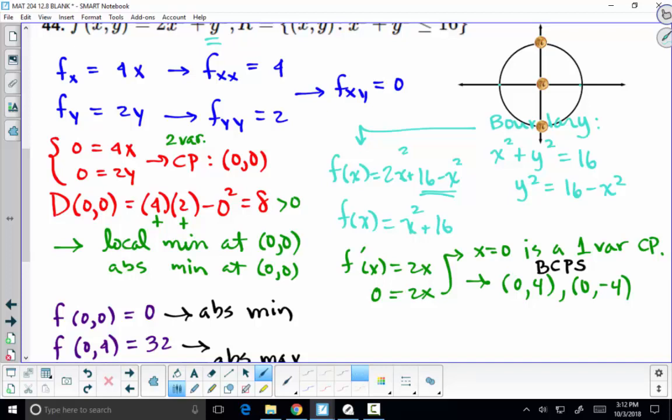Question. Wouldn't those two be critical points too for the boundary? Wouldn't they just be the minimum? But they should show up then in here. If these two were going to be critical points also, they should show up somehow in the derivative.